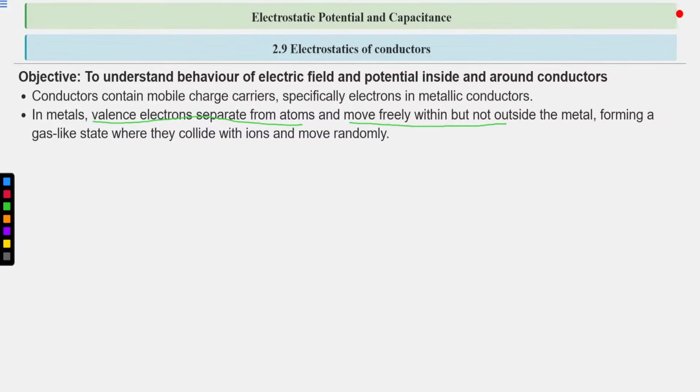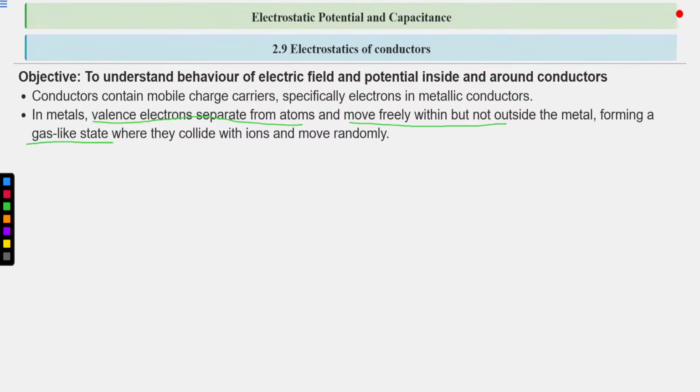In a neutral metal substance, there is an equal number of positive and negative charges. The electron can separate from the atom but cannot leave the metal. It moves freely, but within the metal, forming a gas-like state.